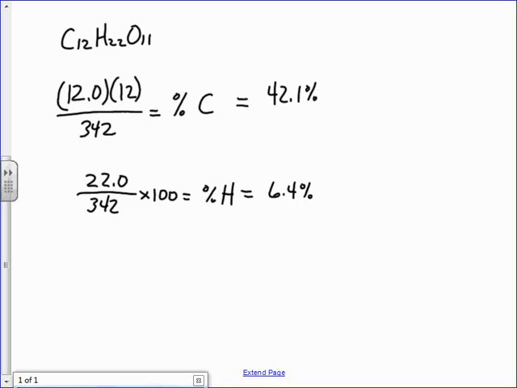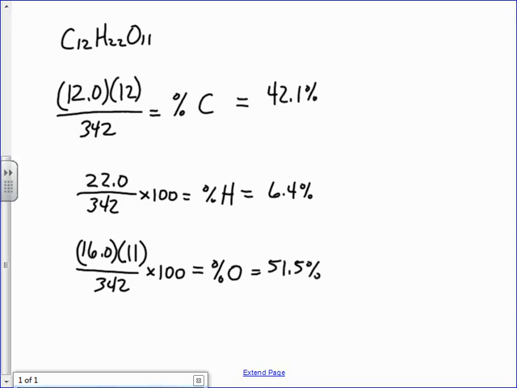This is very strange. And then the last one here, oxygen, 16.0 times 11 divided by 342 times 100. And that's going to give us the percent of oxygen in the compound, about 51.5%.